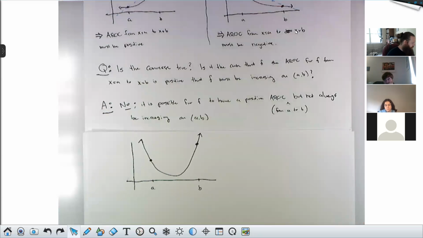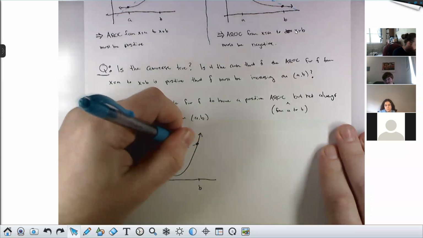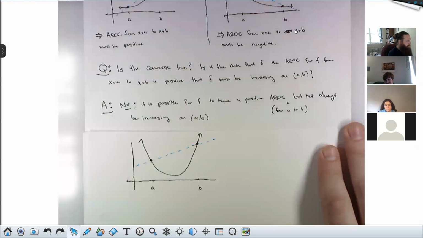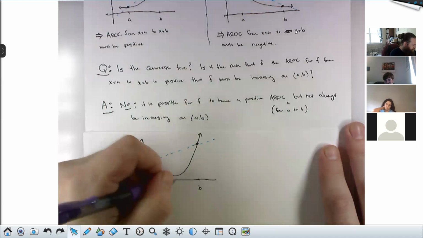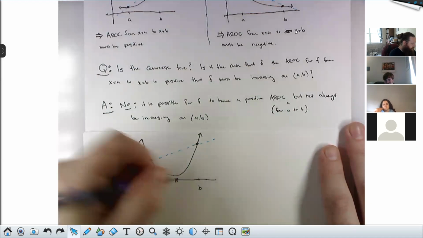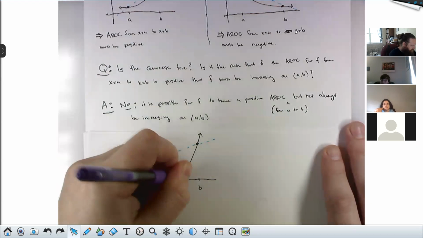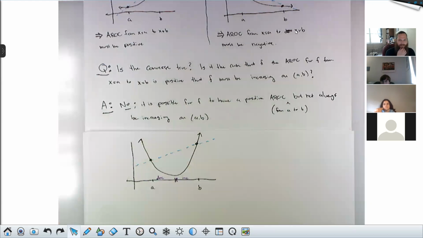This function has a positive average rate of change from A to B. But we're decreasing up to here and increasing from here on. So it's possible to have a positive average rate of change, but not always be increasing between A and B. Now, what is true is that you have to increase more than you decreased, right? From A to B, we decreased by this much and then increased by this much.